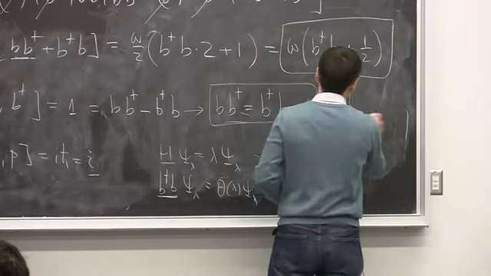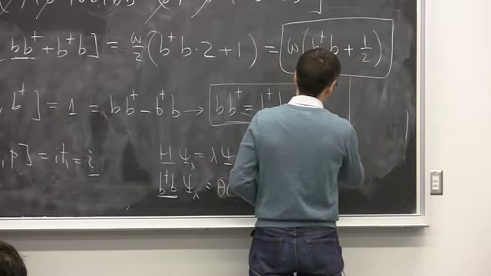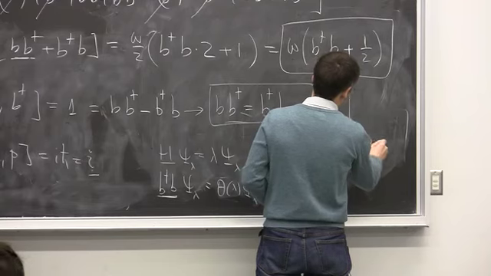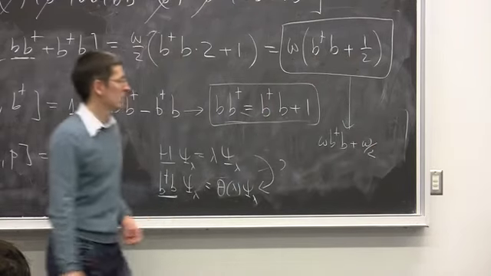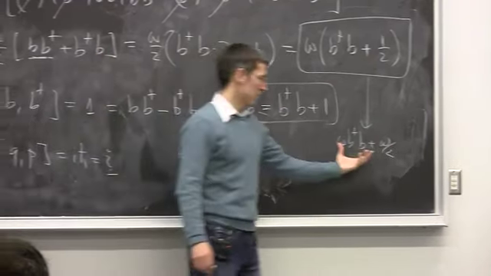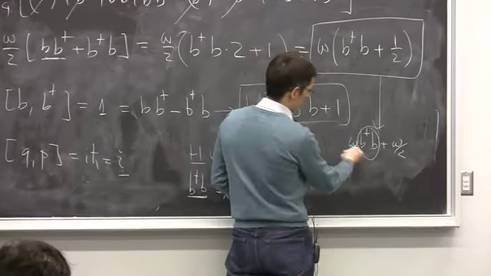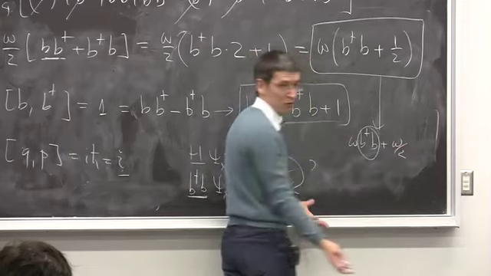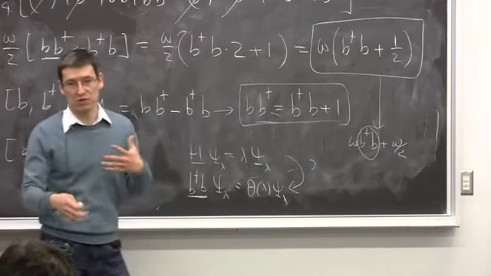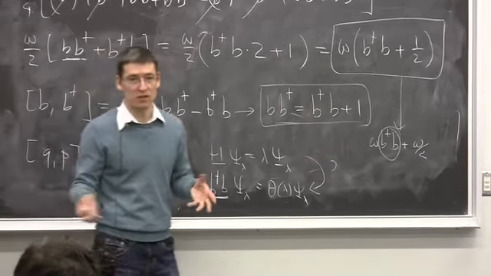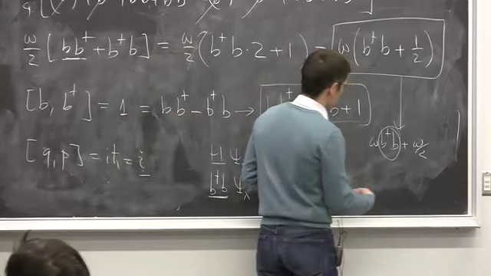So this pretty much is omega b dagger b plus omega divided by 2, right? That's our operator multiplied by a constant plus another constant. A constant always commutes with any operator, because it's a constant.